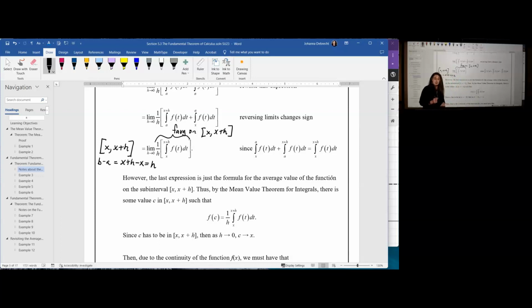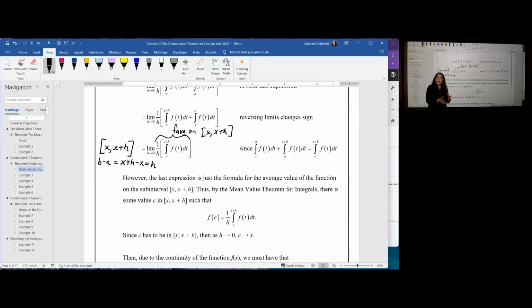Now we can apply the mean value theorem for integrals. It says that in that case, there must be a c in that interval such that f of c is the average value over that interval. Now, we know that h is going to 0 as we take the limit.